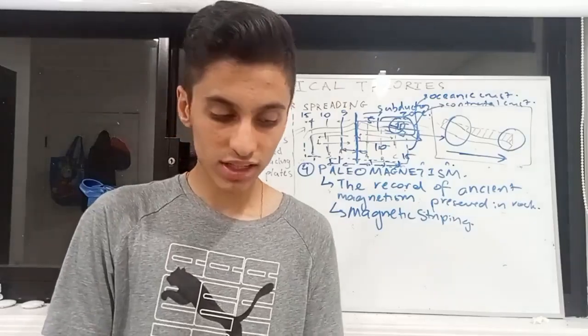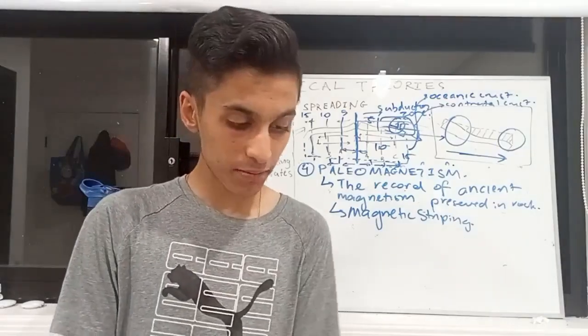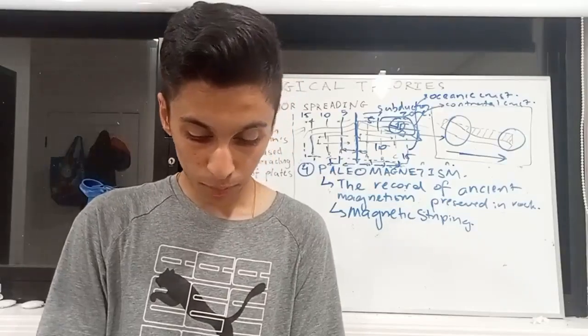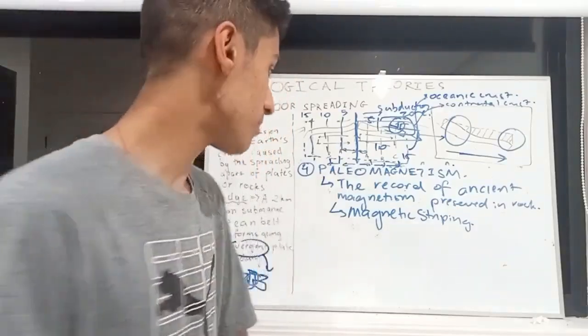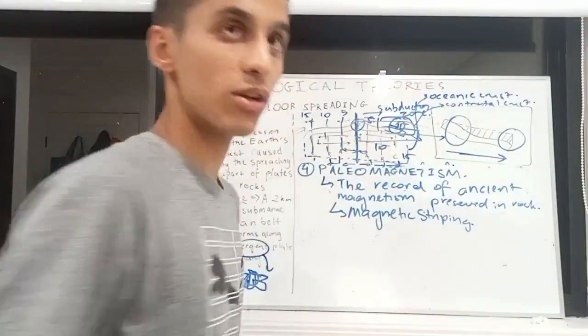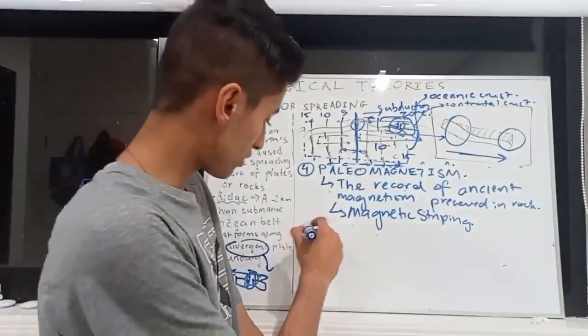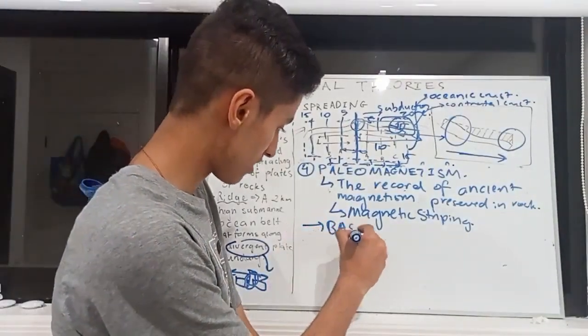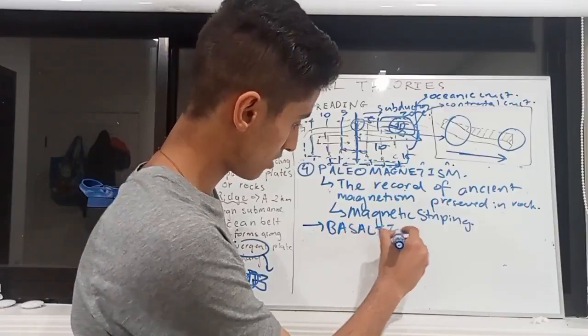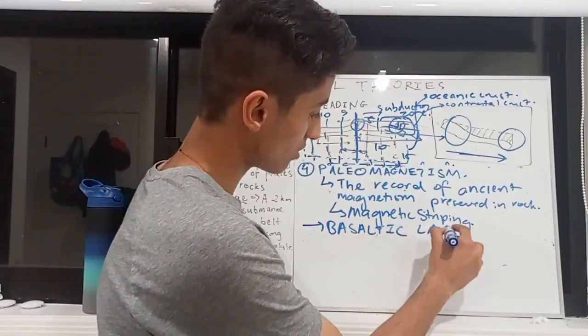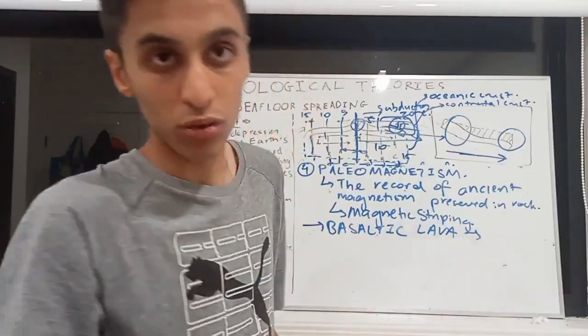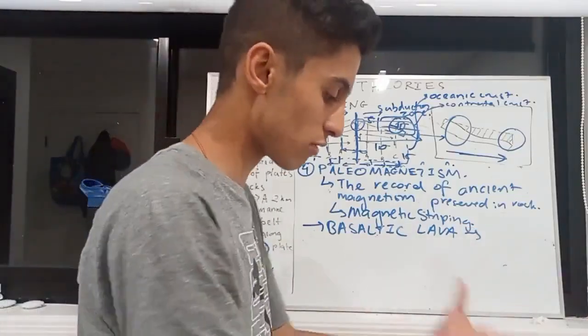So the rock is really just volcanic, and so basalt, which we talked about basaltic magma being created. Basaltic lava rises and sets as basalt, just basaltic rock.